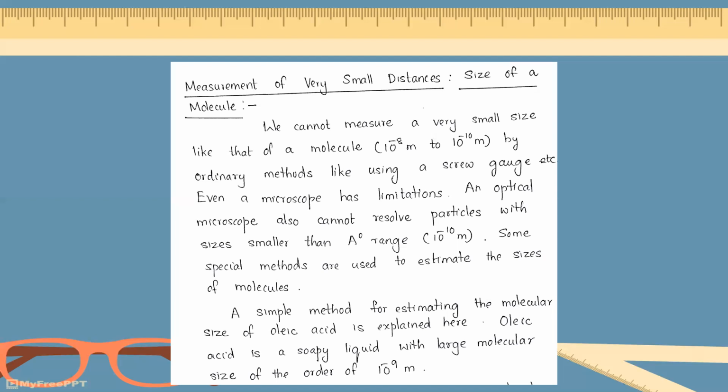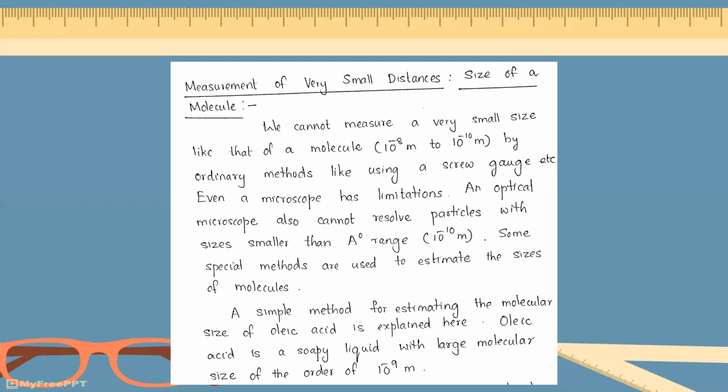Angstrom means 10 to the power of minus 10 meters. 10 to the power of minus 10 means 1 divided by 10 to the power of 10 meters. Imagine how small it is. In such cases, even an optical microscope cannot measure them.